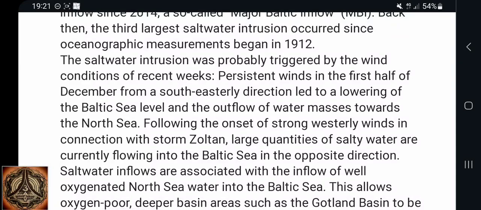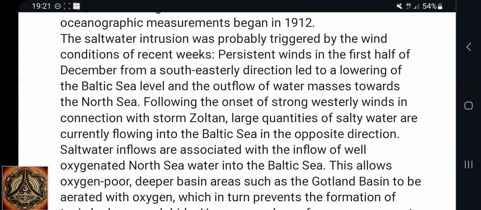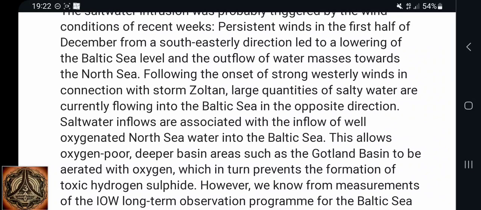Persistent winds in the first half of December from a southeasterly direction led to a lowering of the Baltic Sea level and the outflow of water masses towards the North Sea. Following the onset of strong westerly winds in connection with Storm Zoltan, large quantities of salty water are currently flowing into the Baltic Sea in the opposite direction.